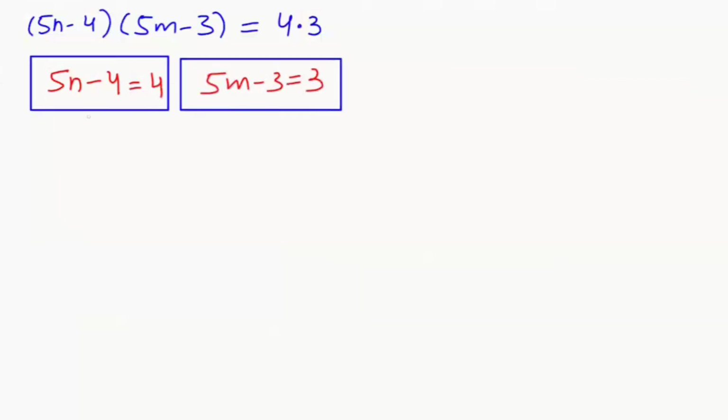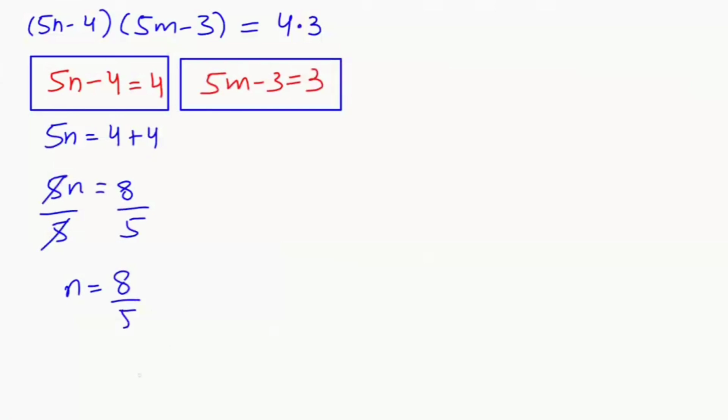This I will solve for n. 4 plus 4, 5n is equal to 8. Here this 5 is dividing both sides. This and this get cancelled. n is equal to 8 over 5. So here we get a non-integer value of n. So this case is going to be rejected.